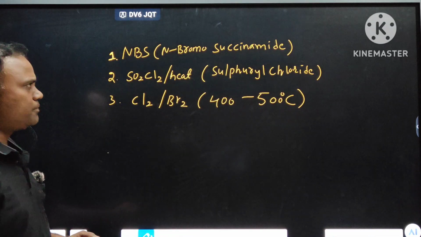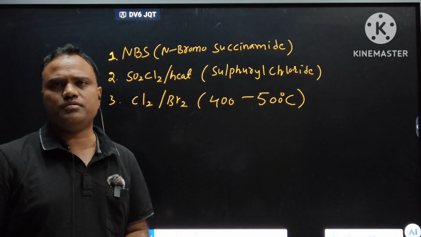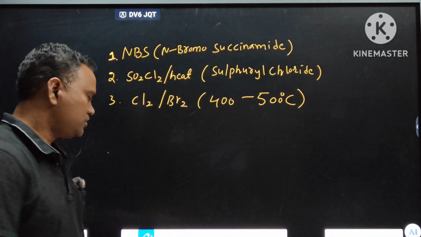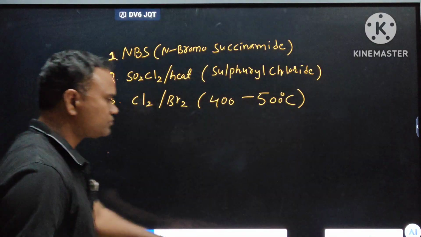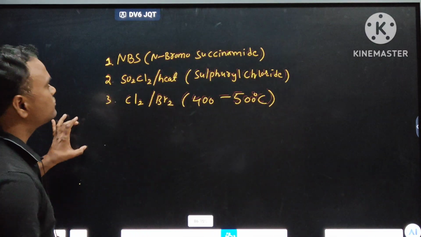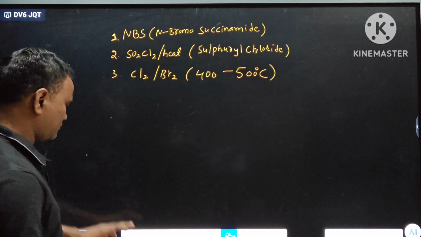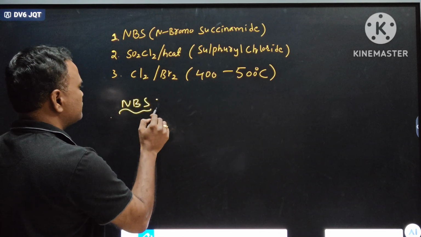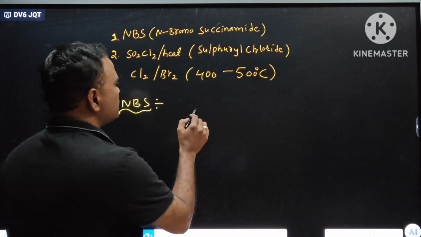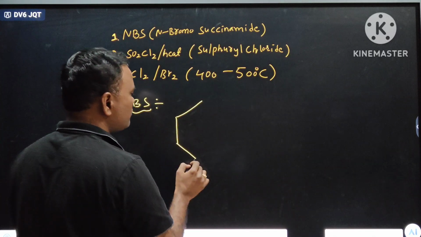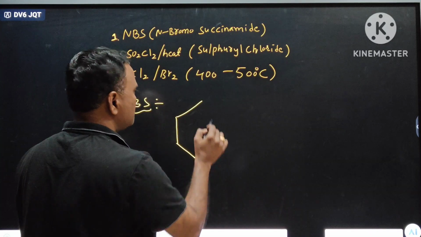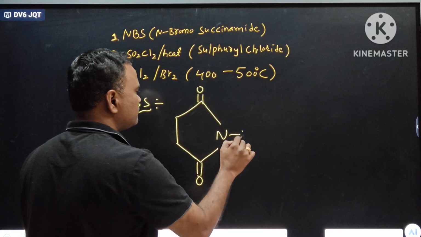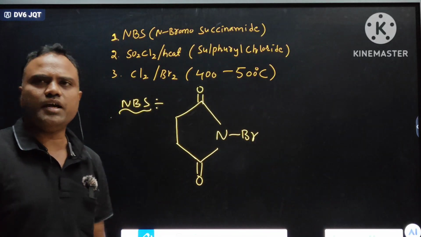Allylic halogenations. NBS. Let us see the structure of NBS. You should have some idea about the structure of NBS. You know succinic acid, which I gave you in the first year in nomenclature. N-bromo succinamide is a derivative of succinic acid.